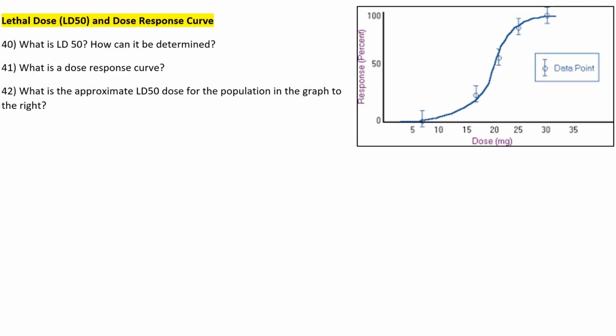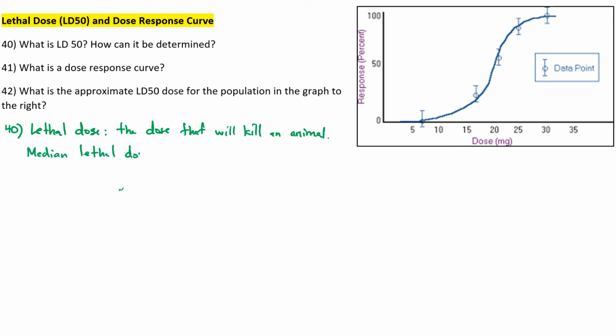What is LD50? How can it be determined? So LD50, I'm going to write it right here, is the lethal dose. The dose that will kill an animal. So LD50 is specifically the median lethal dose.